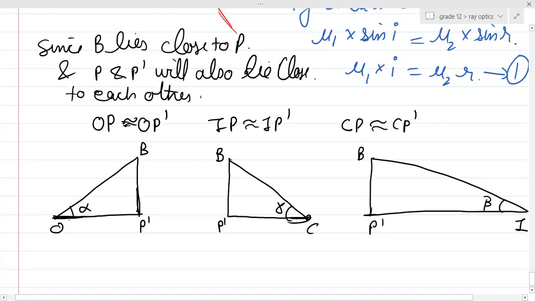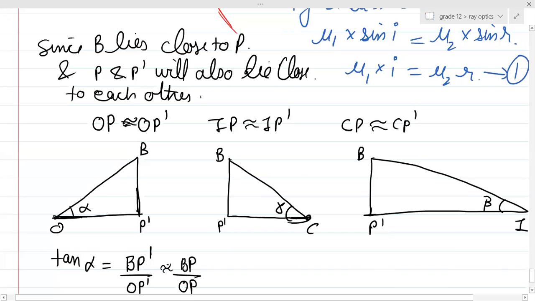So now can you see from here tan alpha will be equal to BP dash upon OP dash. Can I write P dash as P because they are very close to each other? Can I say this as BP upon OP?